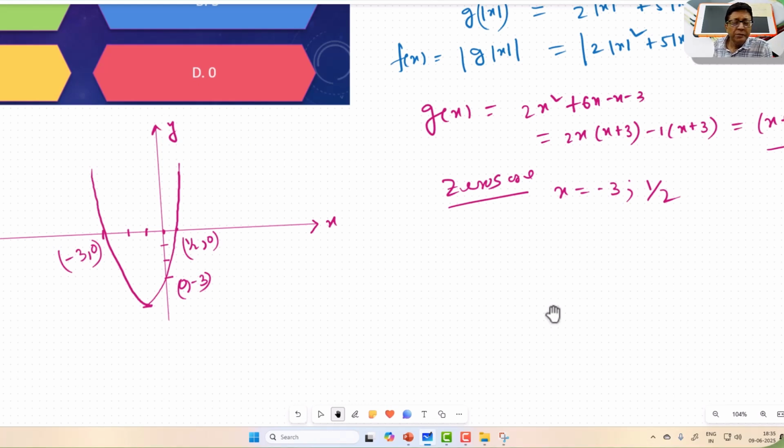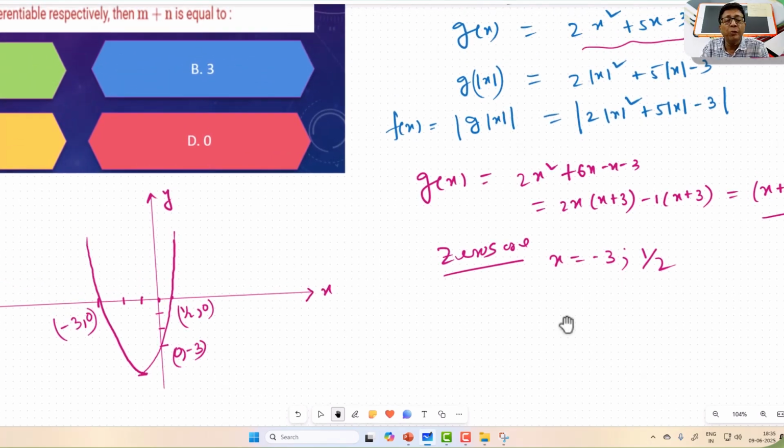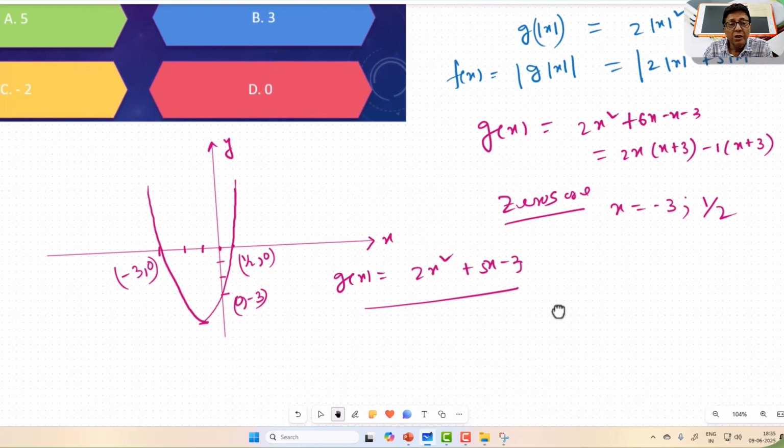Okay. Now, next part, we have to get the graph of g of mod x. This is the graph of g(x), that is g(x) equal to 2x square plus 5x minus 3. Now we are going for g of mod x. What do you have to do? 2 mod x square plus 5 mod x minus 3.